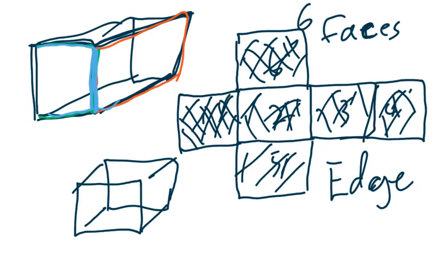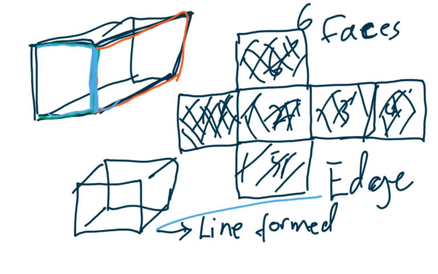So, by definition then, an edge is a line formed by two faces. So an edge is a line formed by two faces.